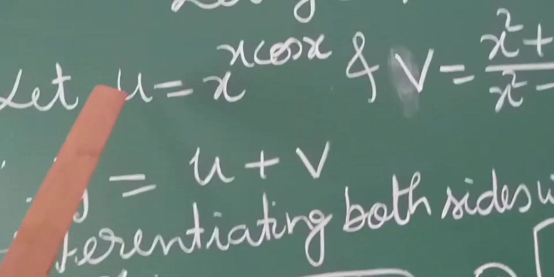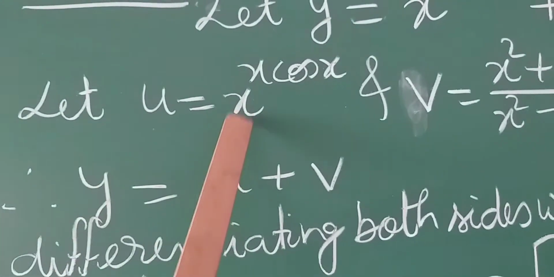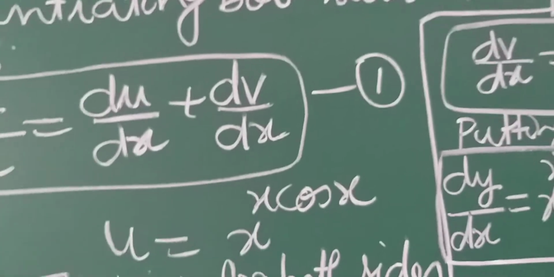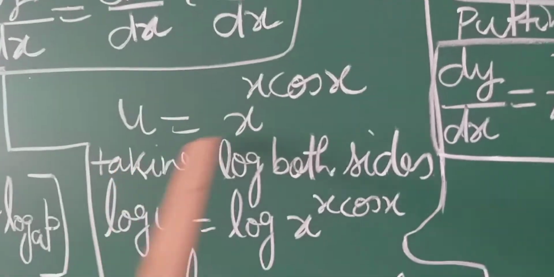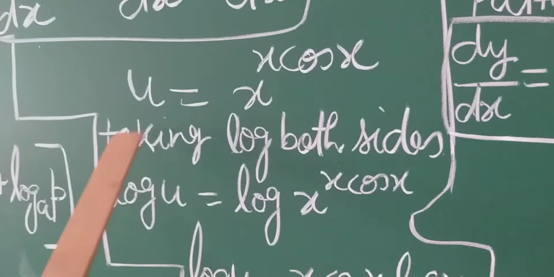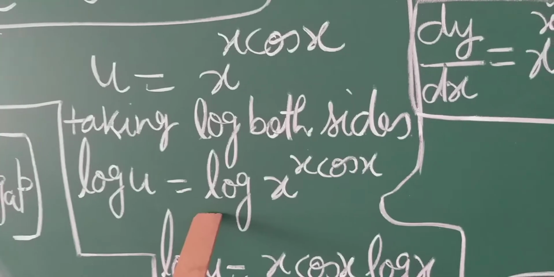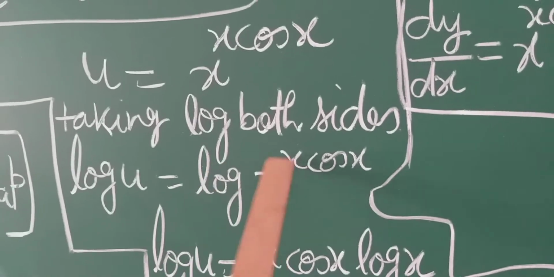Now students, we have to solve this part separately. We are going to solve u equals x to the power x cos x. So how can we solve this? To simplify it, we have to take log both sides. Taking log both sides, log u equals log x to the power x cos x.